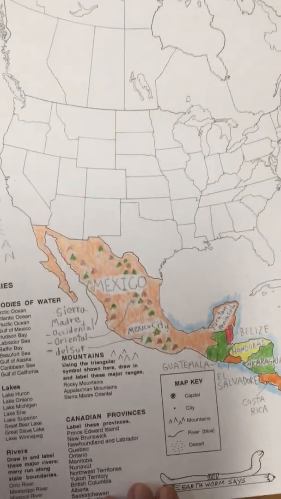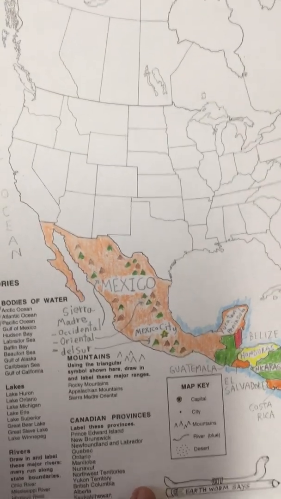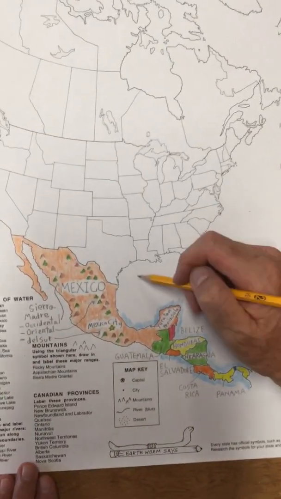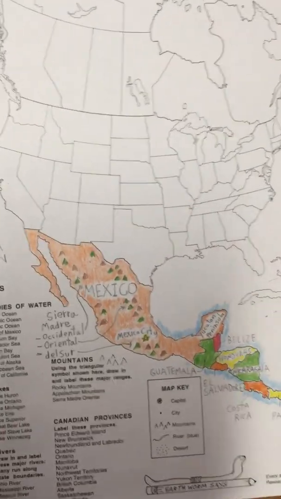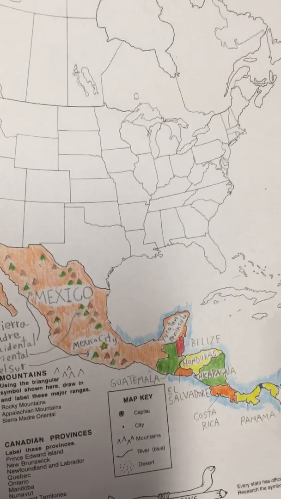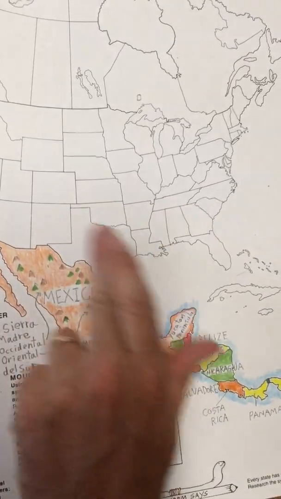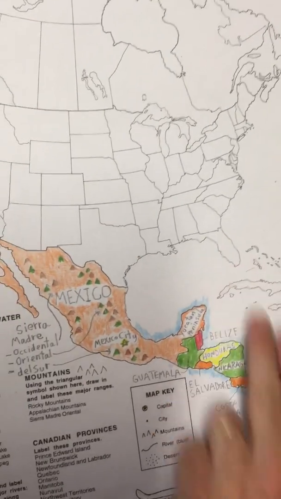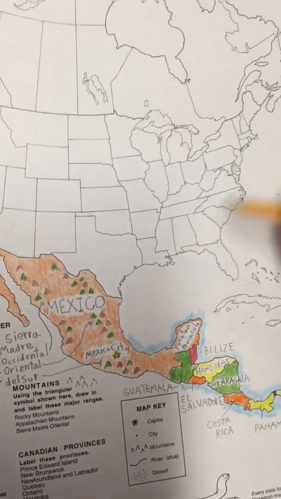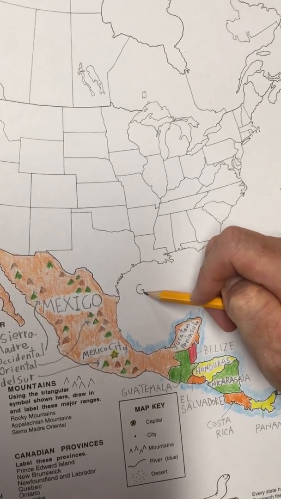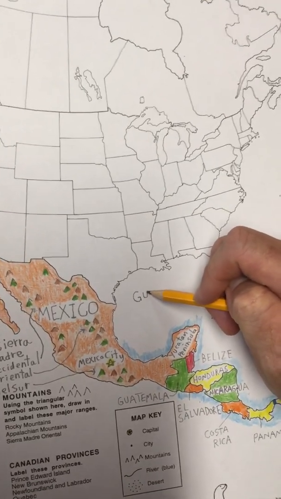Let's get right into a couple of things that we want to get done before we leave Mexico. I'd like to label the Gulf of Mexico, which is a big body of water that touches upon Mexico and the United States and some of these islands in the Caribbean. So let's start off with Gulf of Mexico. I think I'll use all capitals for this.